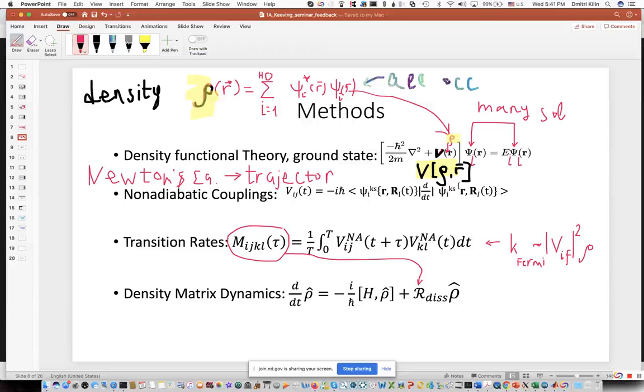So, Kevin, where does the trajectory come from? The position of all ions as a function of time. Where does the trajectory of all ions as a function of time come from?